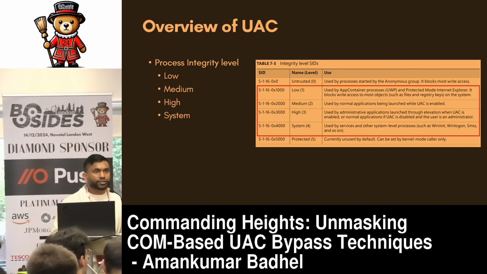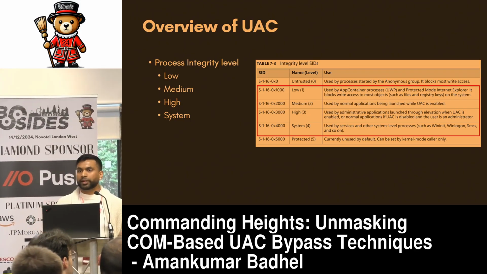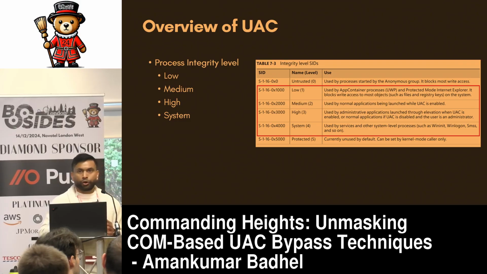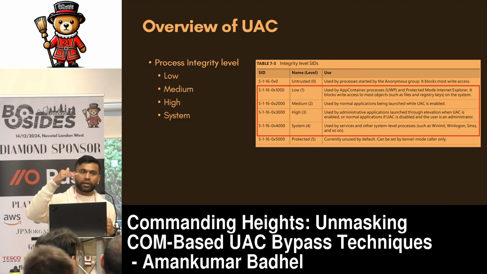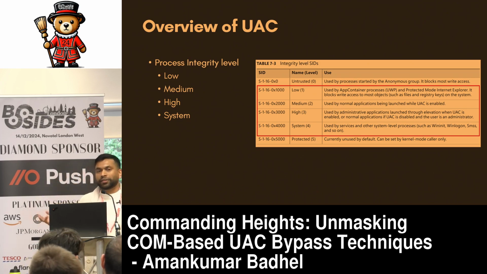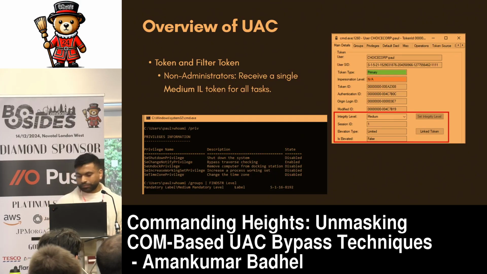Medium refers to standard privileges, which are assigned to any normal users. High is then reserved for administrative users. Subjects at this level can modify objects at a lower integrity level as well as at the same integrity level. System is then reserved for kernel and core operating system processes.